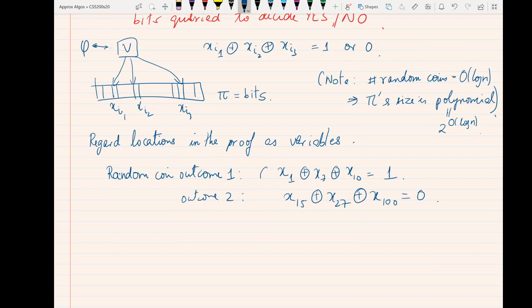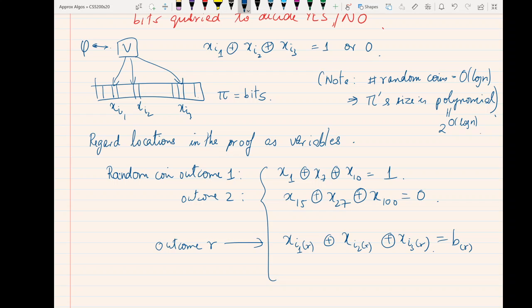If you list out, at outcome R, you have something like the first bit XOR the second bit XOR the third bit, where these indices depend upon R, so I should write them as functions of R, and it checks whether the XOR of this is equal to some b of R.